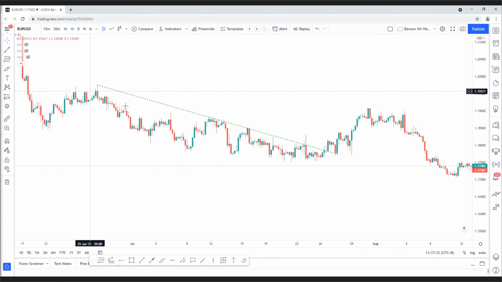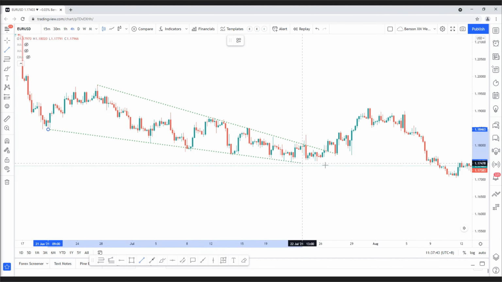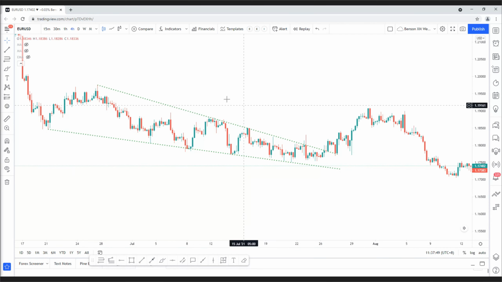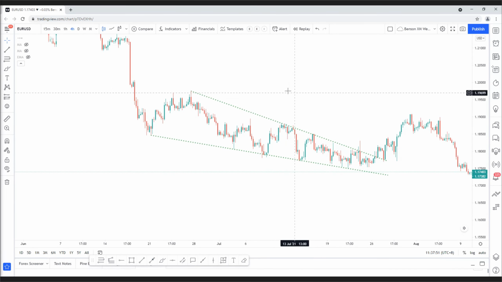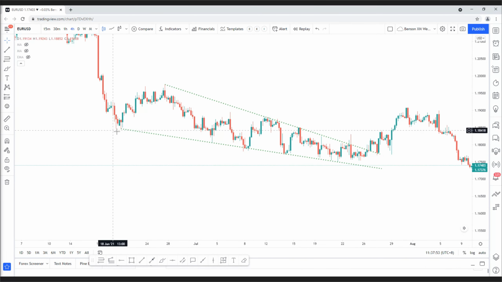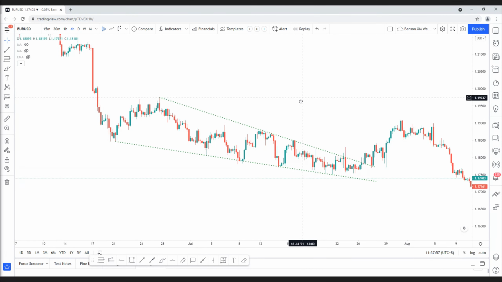So this is the upper trend line of the wedge. Then let me draw out the lower trend line itself. The lower trend line over here is right across all this price action.